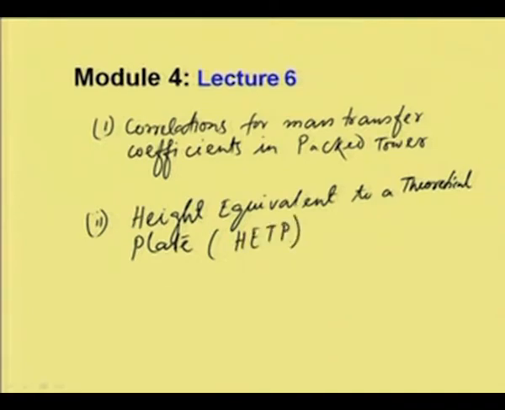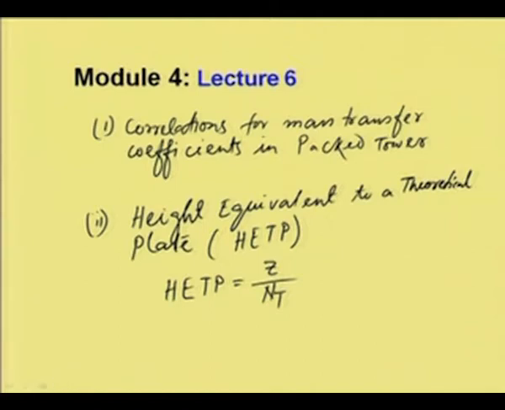HETP is basically the ratio of the height of packing in a packed tower to the number of ideal plates required to do a given job. HETP is equal to Z by NT.